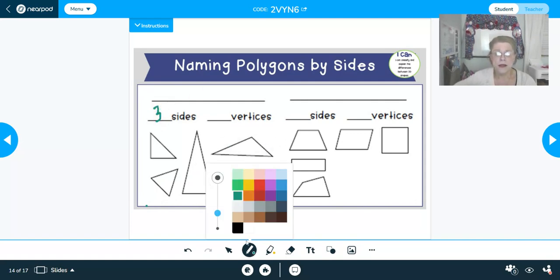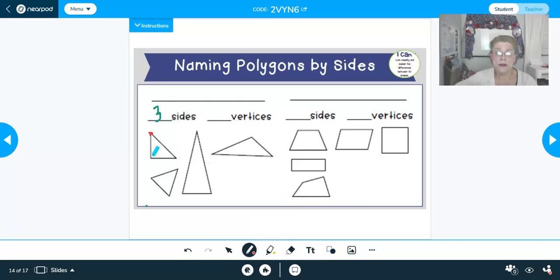All right, and then look at the vertices. So those points. 1, 2, 3. So it has 3 sides, 3 vertices.